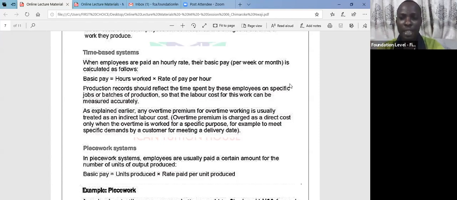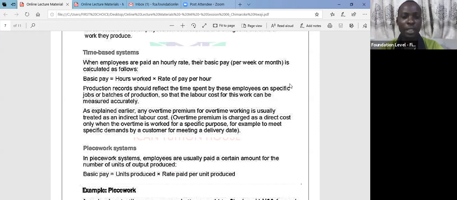And we said example of that is the overhead absorption, whereby you look at direct labor hours and use your overhead absorption rate multiplied by the direct labor hours for that unit to get what should be paid to them.